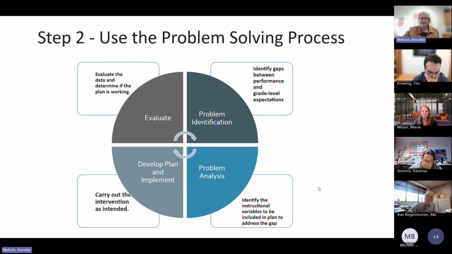So it's not a failure. You are in a learning process, and you now know more than you did before. We just head right back into the problem-solving process until we feel like we've identified and made some progress using an intervention.